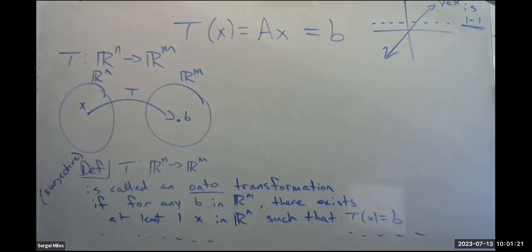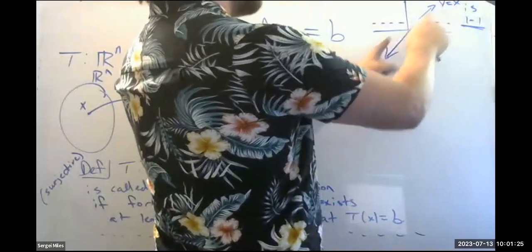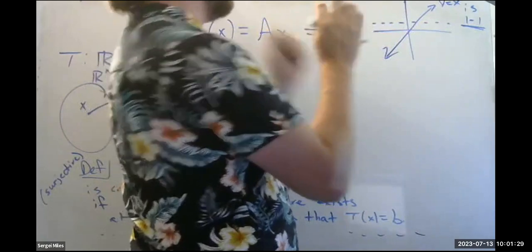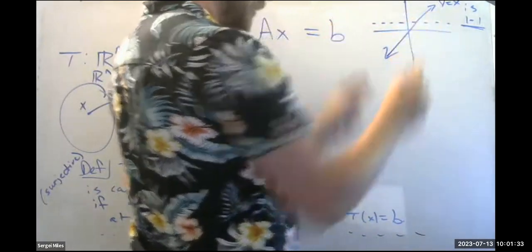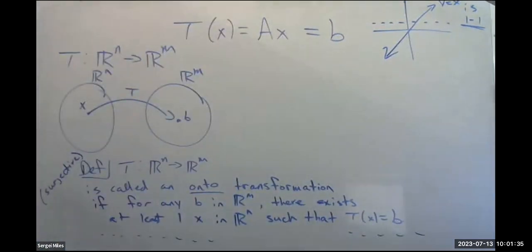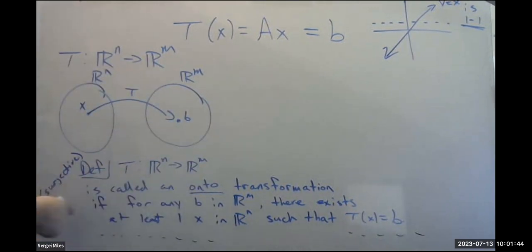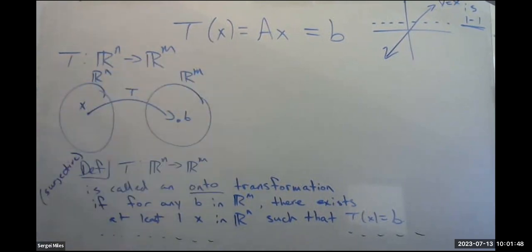What was the point in order to be one-to-one? Well, we're saying no matter what x's you plug in, there are no two x's that get mapped to the same spot, right? So onto would say, well, for every possible b in Rm, there's a solution.